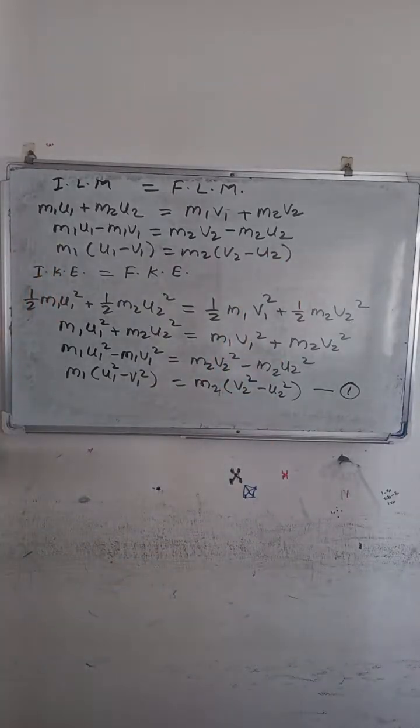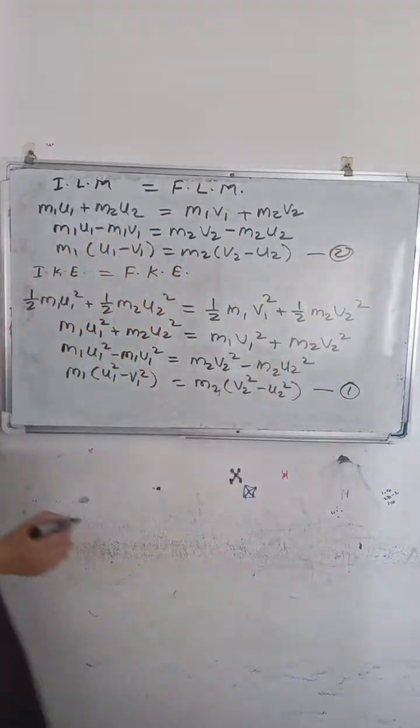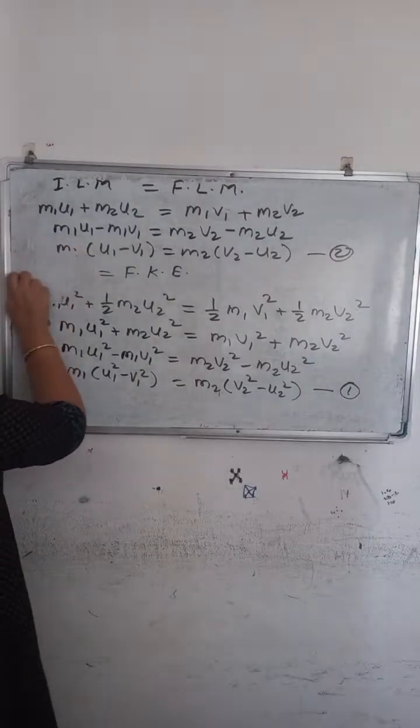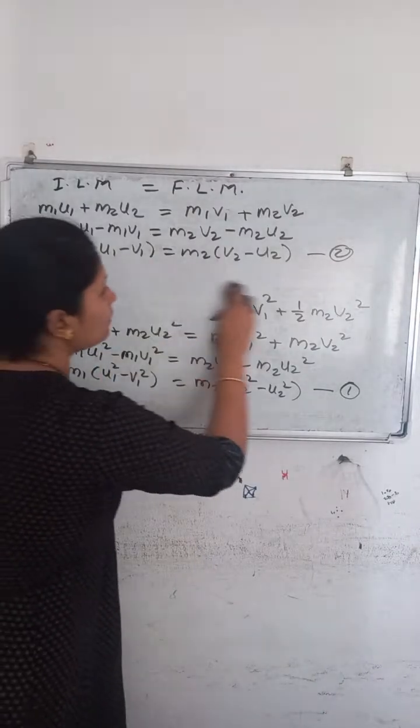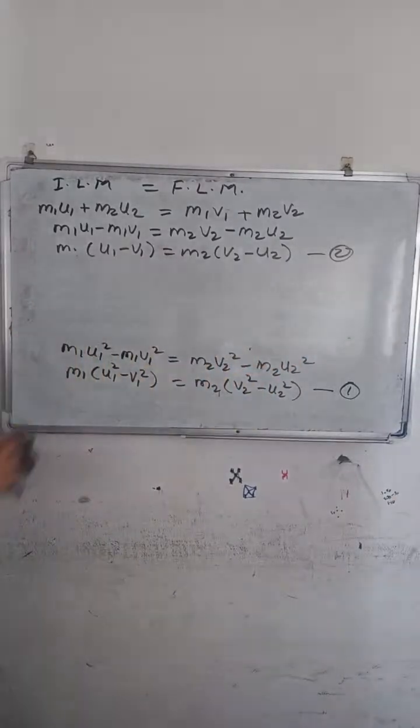So this is what your equation number 2. I hope you are copying properly, you are making your notes according to me. Now these are the main 2 steps we did.